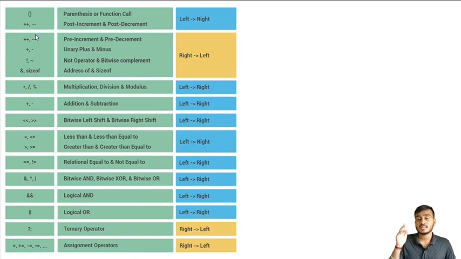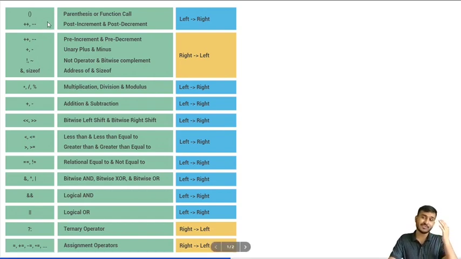Then the next set of operators also have greater precedence. When I'm coming down in the table, the precedence is going to decrease. So plus plus, minus minus, then we have unary plus and minus, then the negation operator, not operator, bitwise complement, then the address of operator and sizeof operator.